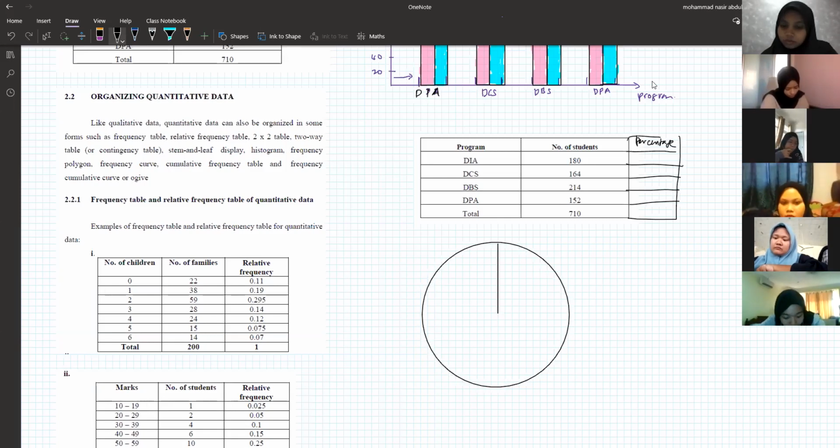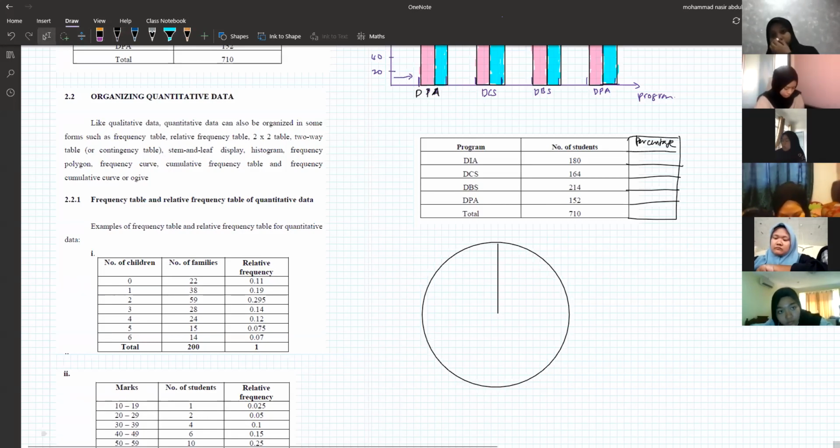So now the percentage of diploma in accountancy is 180 divided by 710. 180 divided by 710 is equal to how much? 180 divided by 710 is 25.35%.